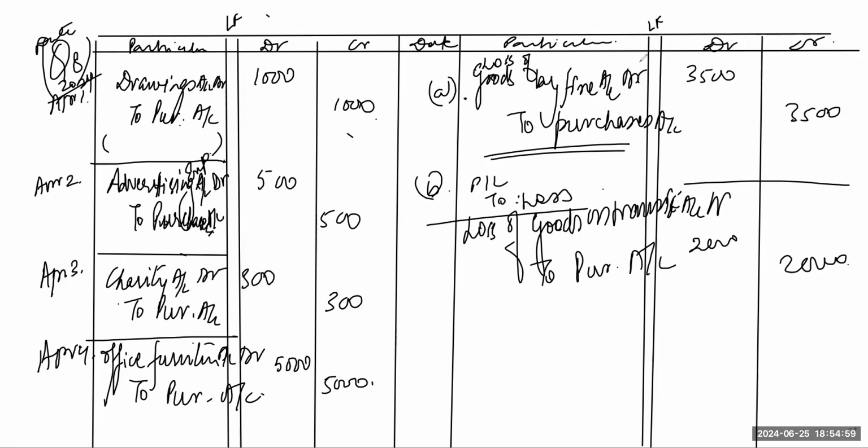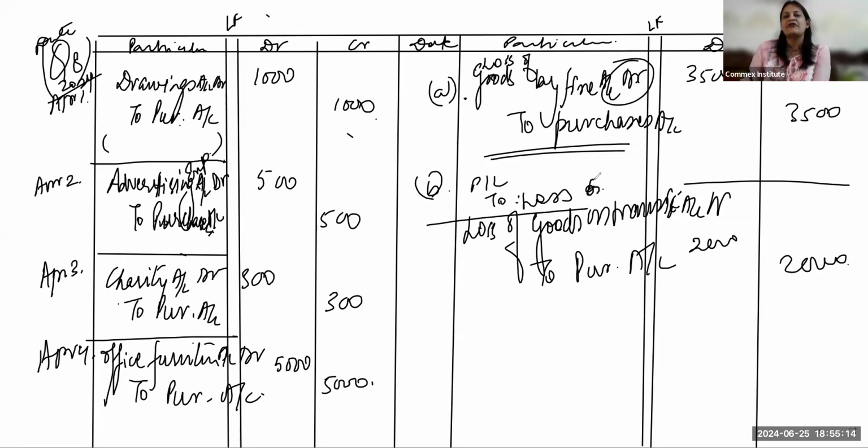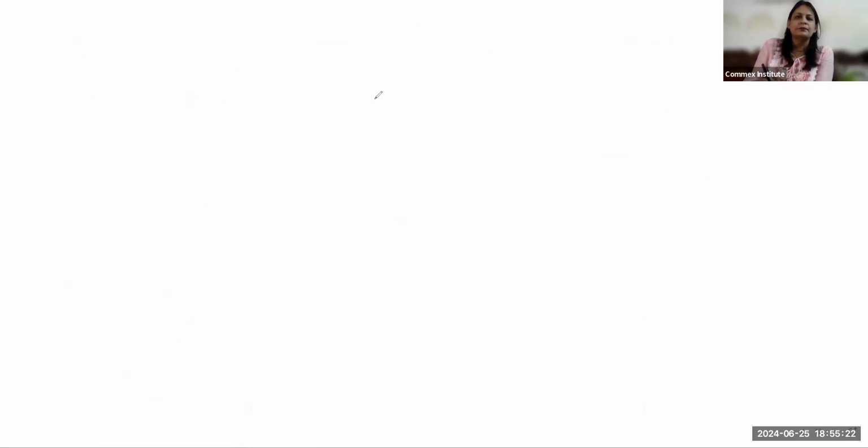Whatever account name you have used in the first entry, the same account name you're going to use in the second entry. You have the liberty to change words in the first entry, but whatever you have used, the same account name you have to credit in the second entry. Loss by fire. I hope all of you can understand what is written on the screen, though I've written it very untidily.